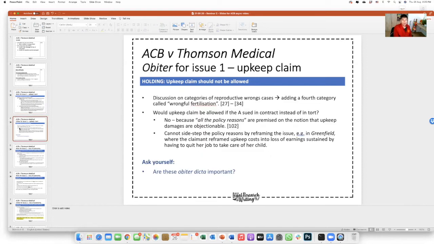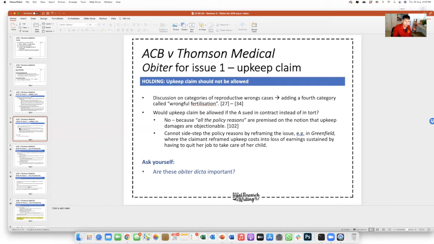Okay, so let's move on then to the obiter for issue 1. You will realize that in the reasoning directed at issue 1, the court actually talked about more than these 2 moralistic reasons we talked about earlier. The court actually delved into a discussion on the categories of reproductive wrong cases, right?